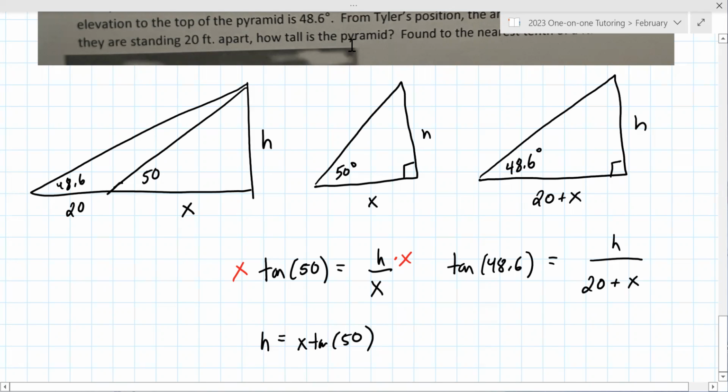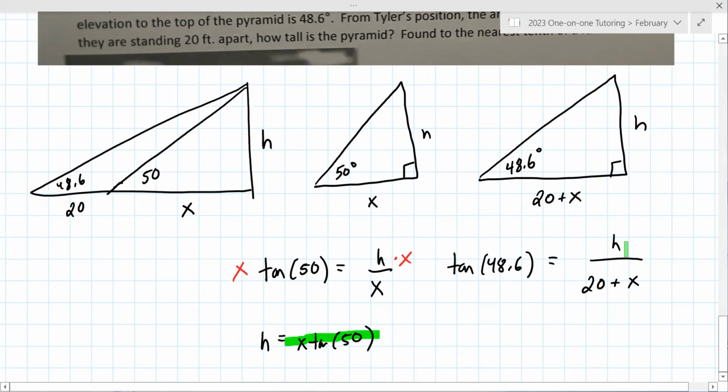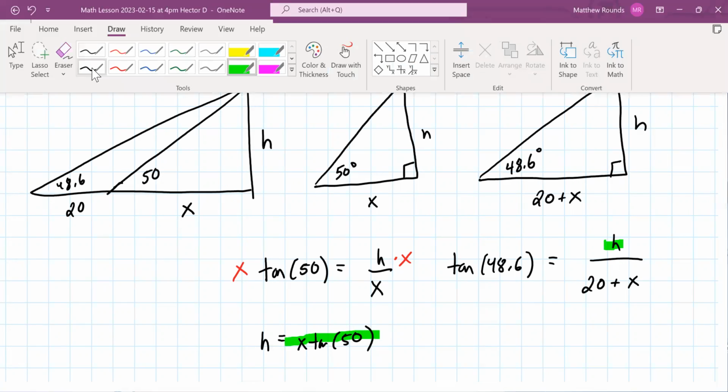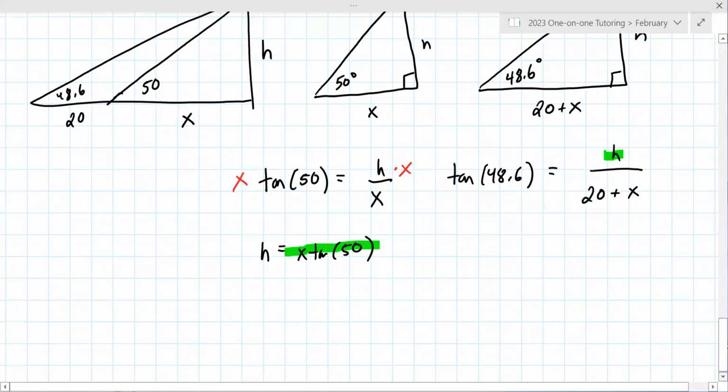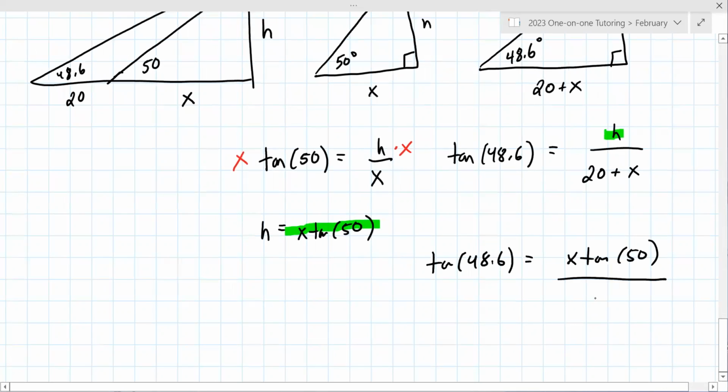But for right now, we don't know h or x, but we know that this can go into the equation on the right where h is. So the equation on the right becomes tangent 48.6 equals x tangent 50 over 20 plus x.